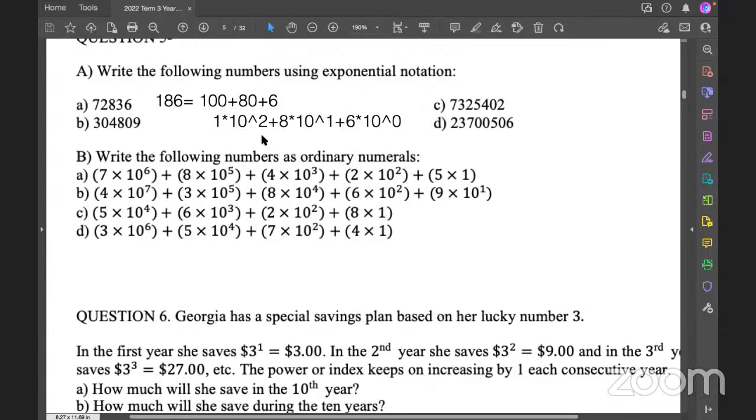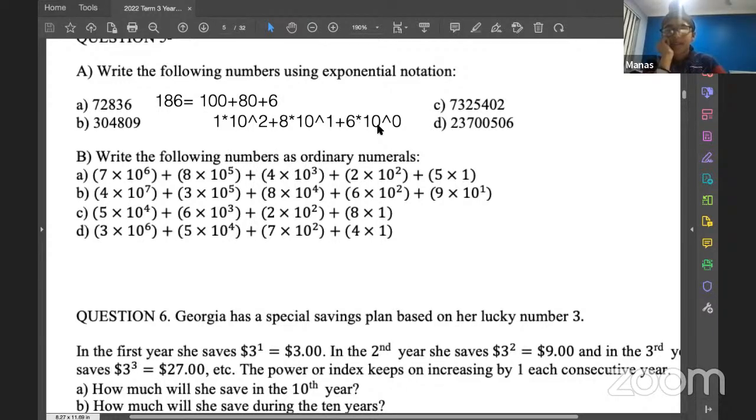You guys get that? But 6 times 10 to the power of 0, that'll be 1. So you remember BIDMAS: you do indices first. 10 to the power of 0 is 1, and then 1 times 6.